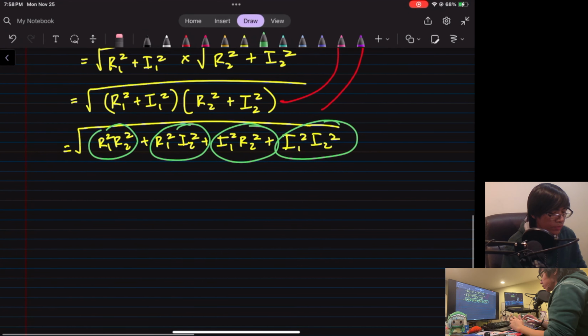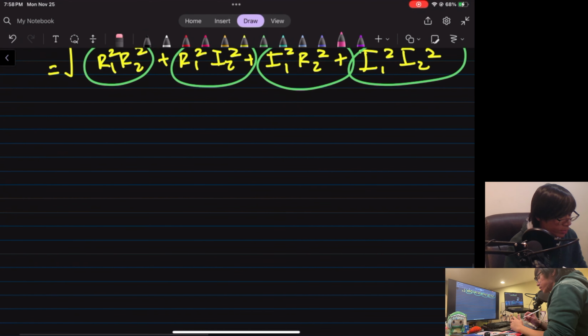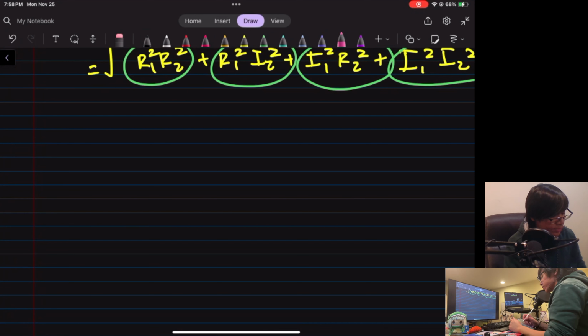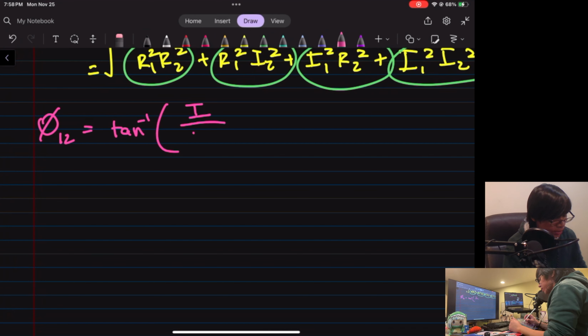Next up, we have the phase lag. So phase lag would be, how do we want to do this? So imaginary over, so let's just write it. We have phase lag phi 1, 2 is the inverse tangent, arctangent, however you want to say, of the imaginary and the real. So I guess it's technically 1, 2. And we break that down further.